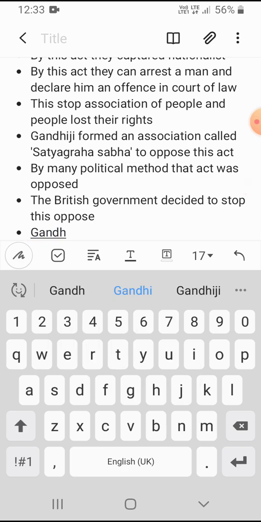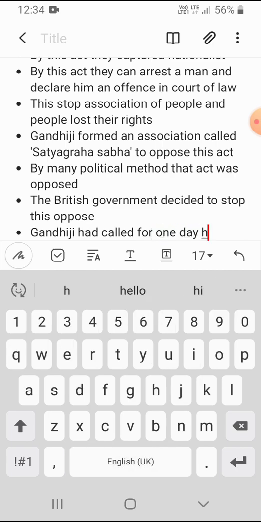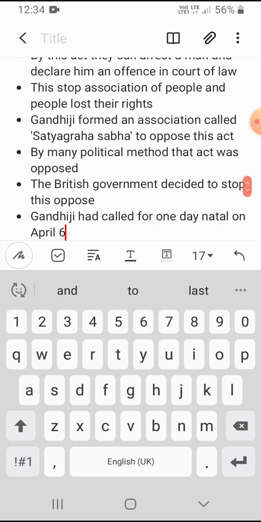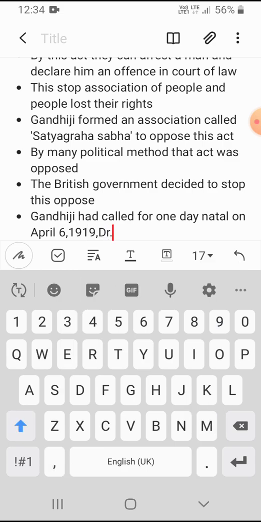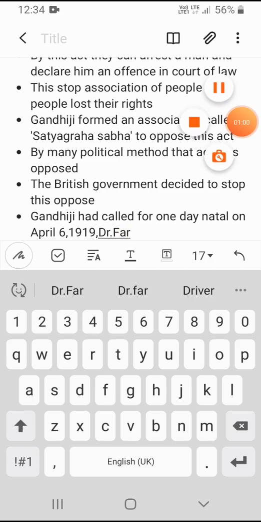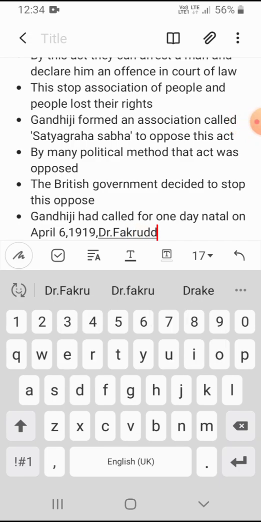Gandhiji had called for a one day hartal on April 6th, 1919, and Dr. Fakhruddin and Dr. Satyapal were called as they were protesting and opposing this act.